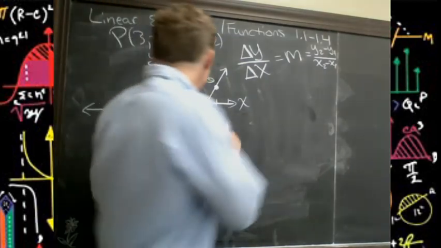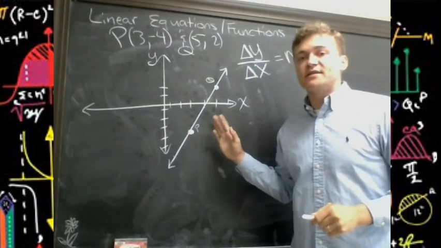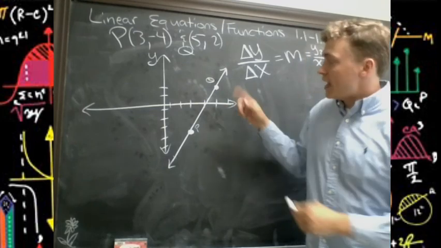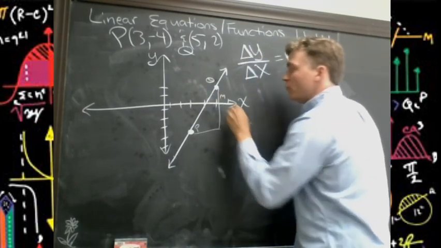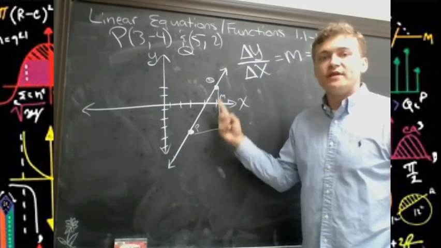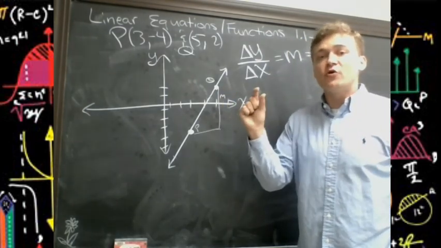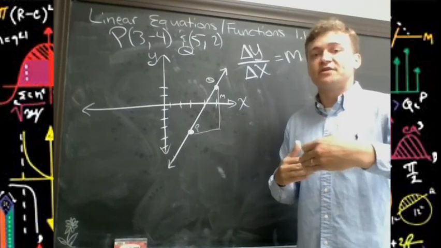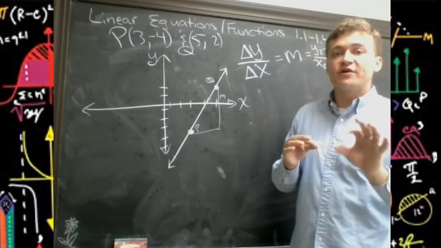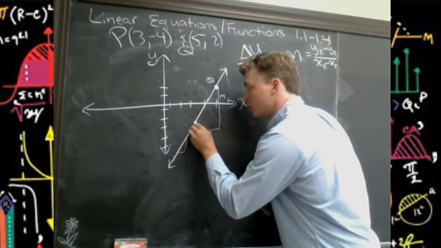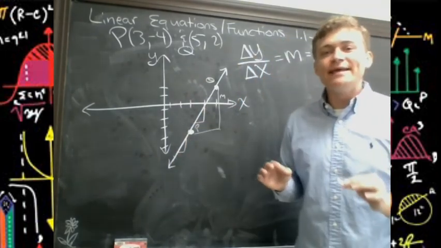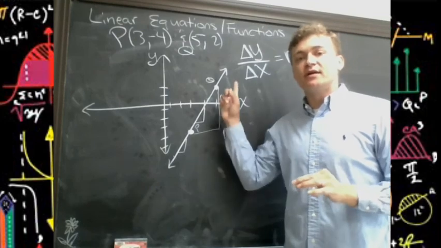We know that these two ordered pairs lie on this line. If we can find the slope between these two ordered pairs, that slope, that rate of change, that change of the variable versus the other variable, that's going to be the same for any two ordered pairs that are on this line.